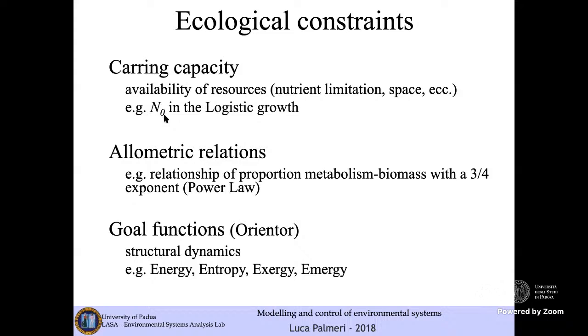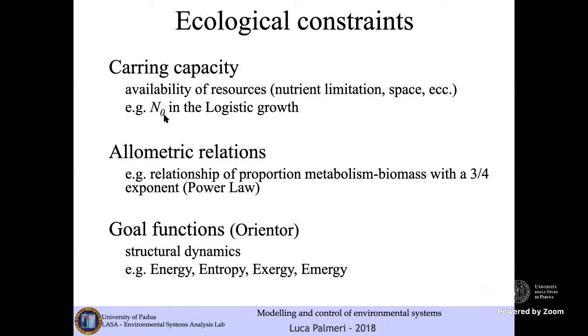Another important type of ecological constraints is that coming from goal functions or orienters, and these are very important in structural dynamic modeling. For example, energy, entropy, exergy, emergy are all thermodynamic potentials that may be employed as goal functions or orienters that describe the evolution of a living system.